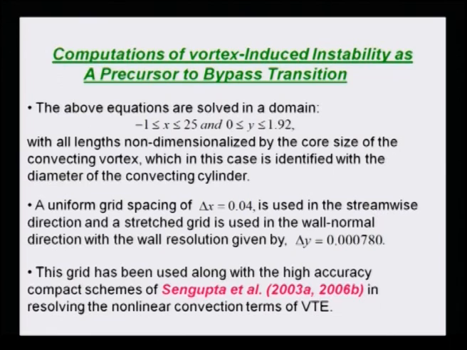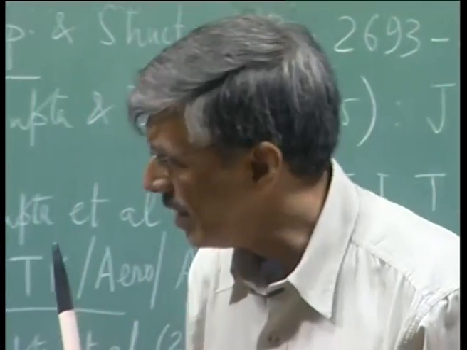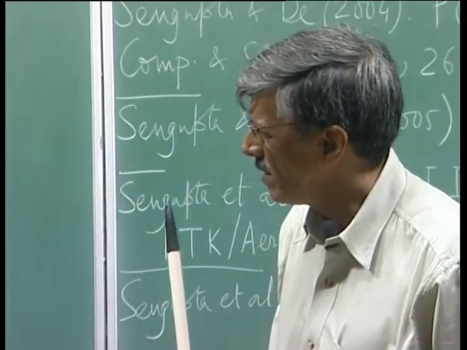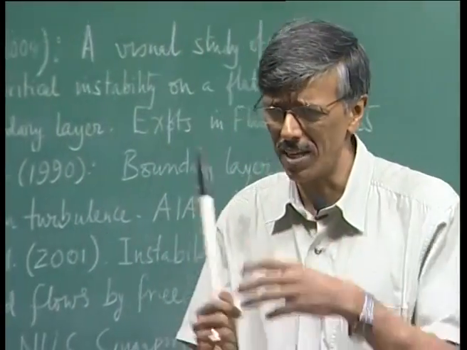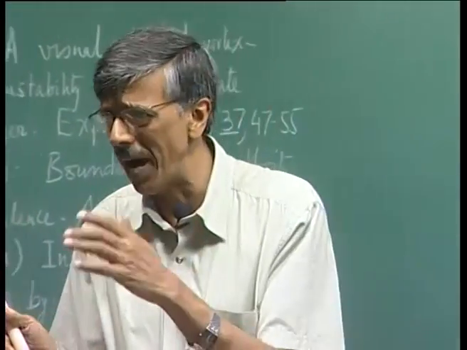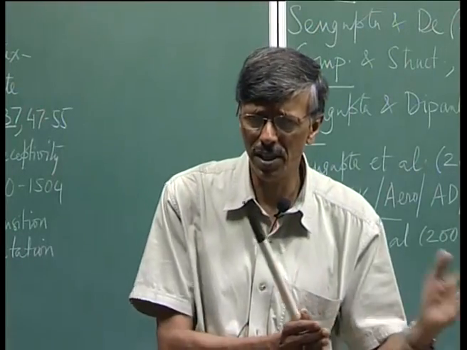Okay, so, we have used a compact scheme, one of the near spectral accurate schemes that we have ourselves developed, given in some of these papers, and those are used basically to study the nonlinear term, because most of the instabilities are a kind of dynamic balance between physical dissipation and the nonlinear convection term.